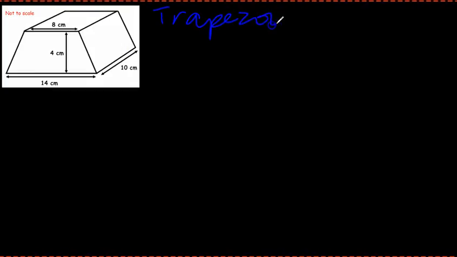Let's look at another problem. You can pause the video and try this yourself. I hope you can find out that this is a trapezoidal prism because it has a trapezoid in it. A prism's lateral faces cannot be anything other than rectangles. So it is a trapezoidal prism, and our base is going to be a trapezoid.